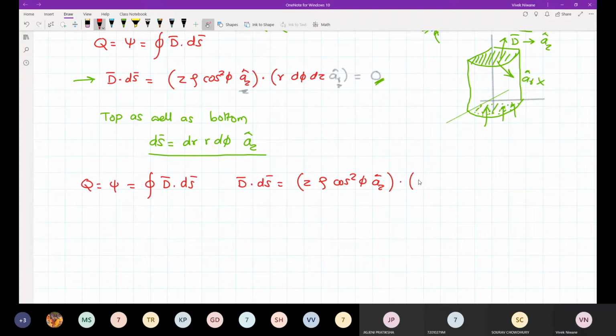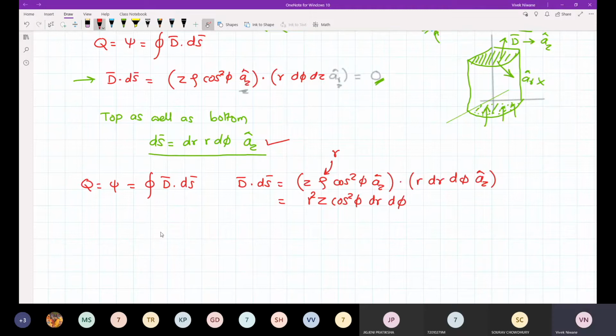Now our dS expression is this one, so I will rewrite it properly: r dr d phi a_z, and we will have the answer like r z. What we have assumed is rho is going to be r, so we get r square z cos square phi dr d phi.